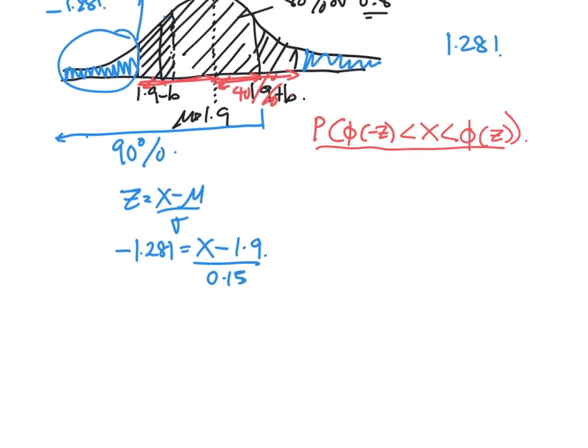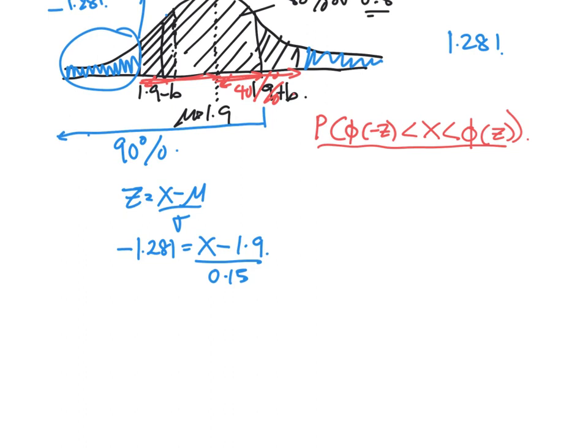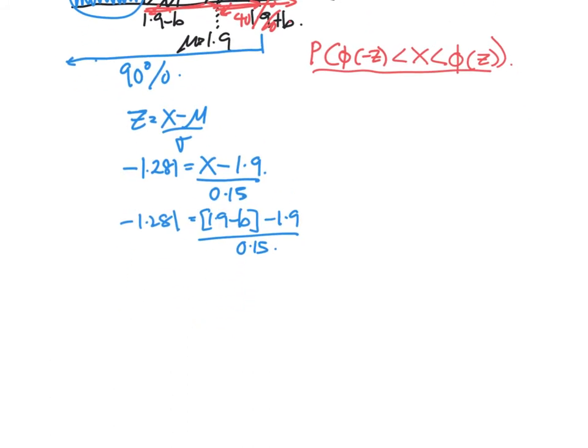Here x is 1.9 minus b, so I can substitute that: 1.9 minus b, minus 1.9, over 0.15 equals negative 1.281. Now let's multiply this.